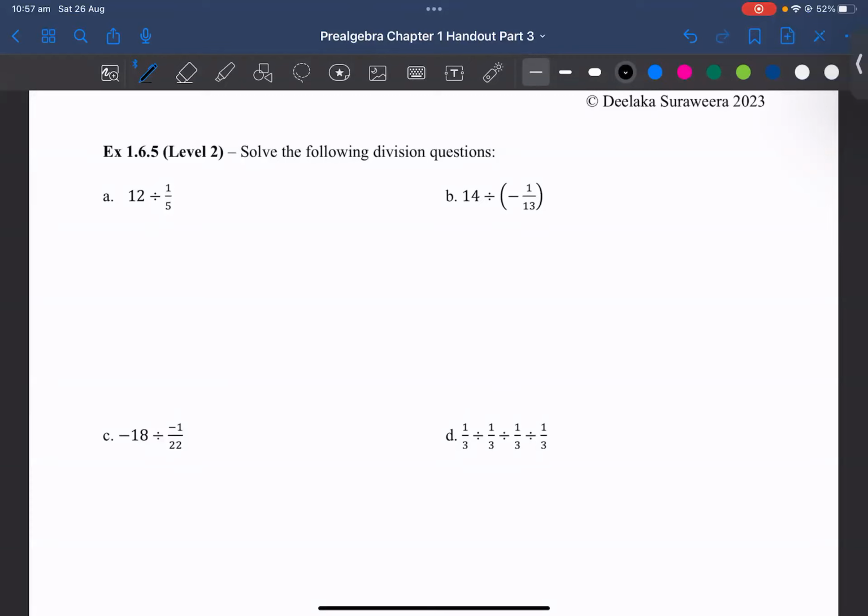Well, no, you cancel them out, but think like this.